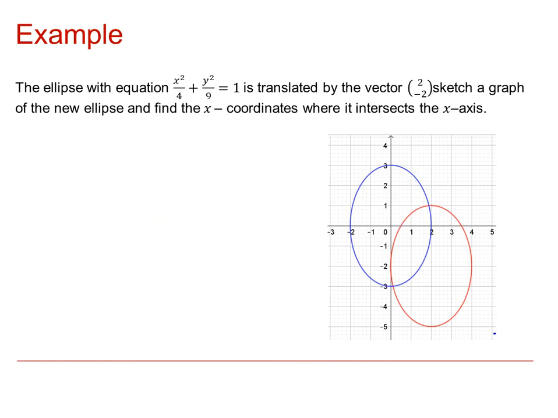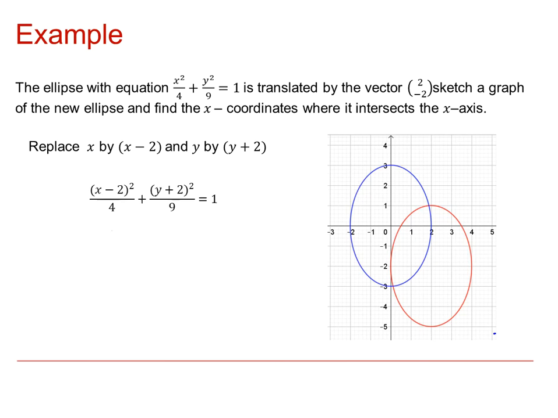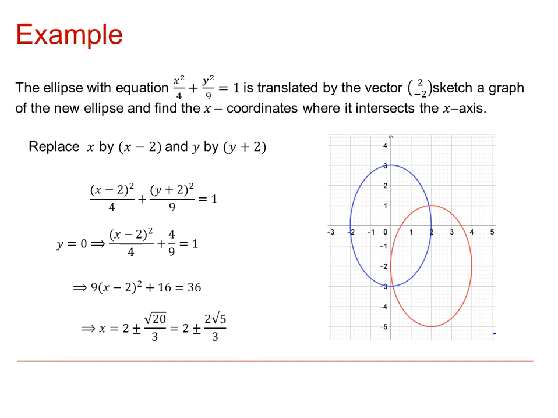So just running through that again, we said we could replace values of x by x minus 2 and y by y plus 2 because of the translation. We substituted that into the equation, which produced the quadratic which we could solve when y was equal to 0 to give us our values 2 plus or minus 2 root 5 over 3.